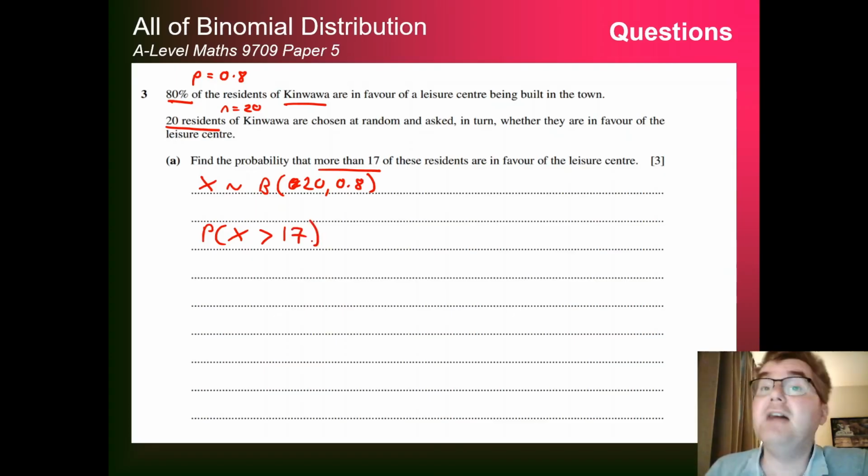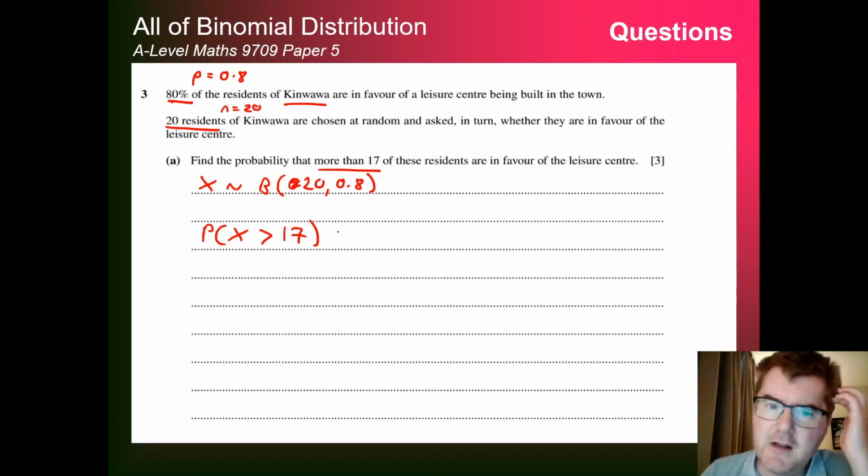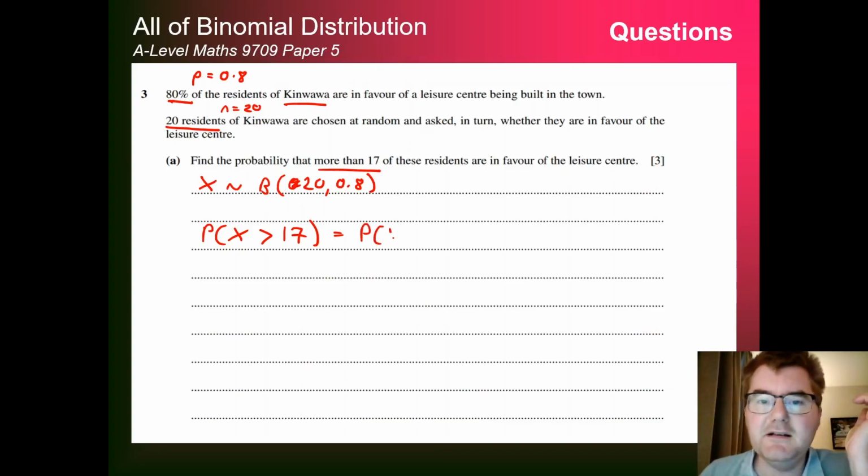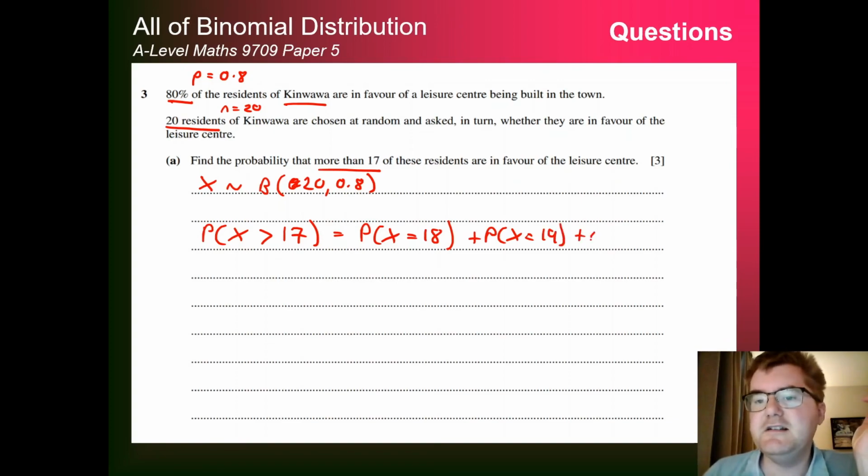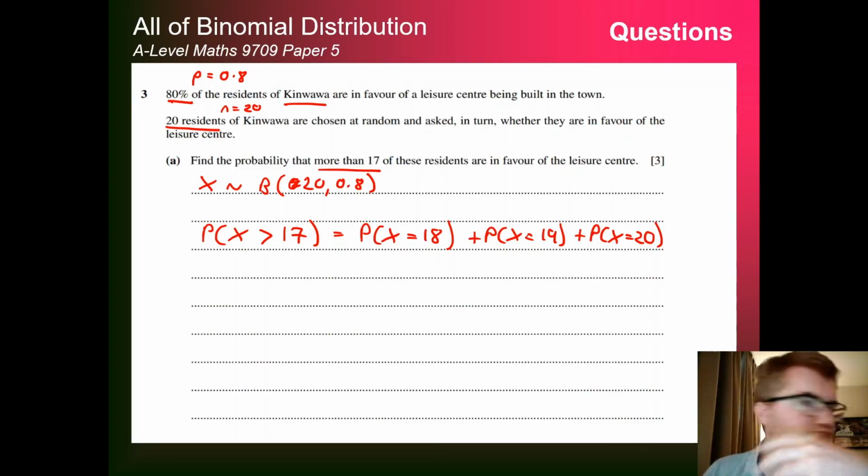Now here we don't actually have to do the 1 minus flipping. All we need to do is work out the probability of x equals 18, x equals 19, and x equals 20. So this is one where the flip is not required. We just work out 18, 19, 20 separately and then add them together. So what does that look like?